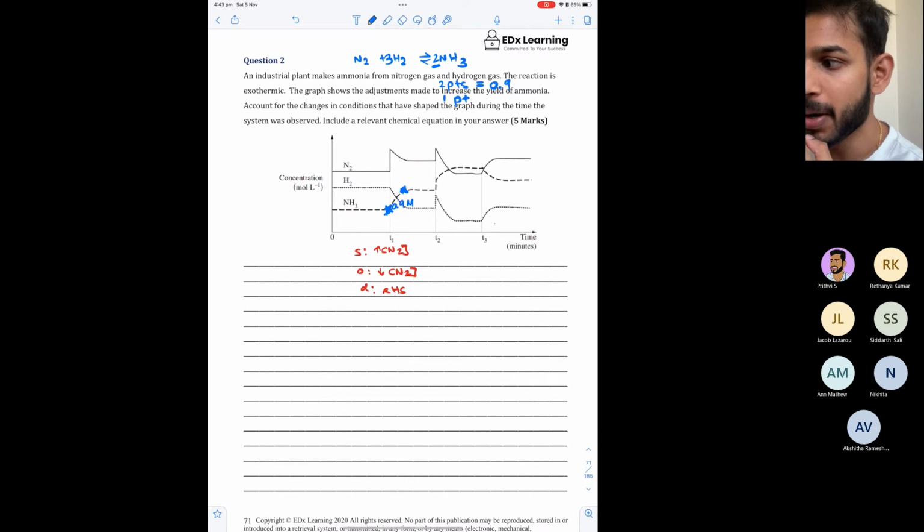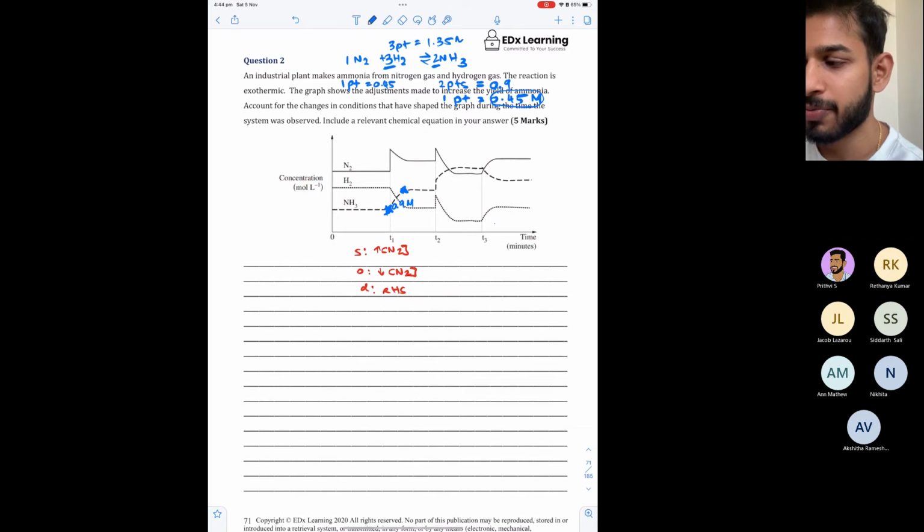So 1 part in our chemical reaction is represented by a change of 0.45 moles per liter. And so we understand that nitrogen has a 1 in front of it, so nitrogen will change by exactly 1 part, which is 0.45 moles per liter. Hydrogen will change by 3 parts, so 3 times 0.45 moles per liter.